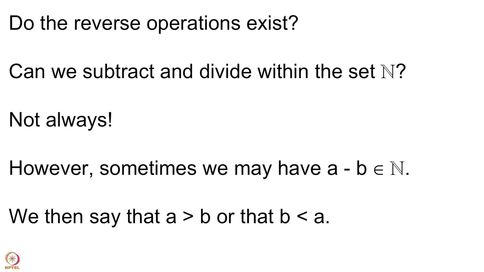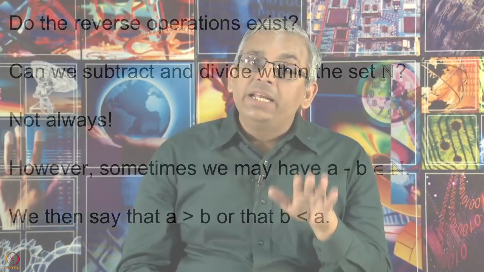Using this definition we see easily that 1999 is smaller than 2020, or 2020 is bigger than 1999. So, this is a relation on the natural numbers.